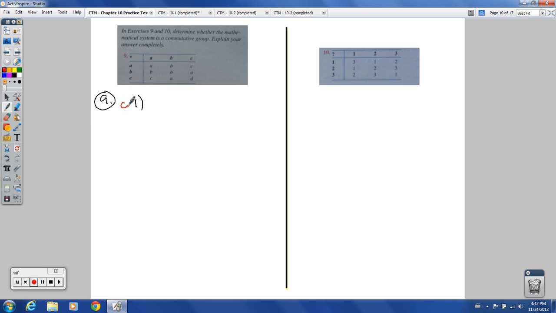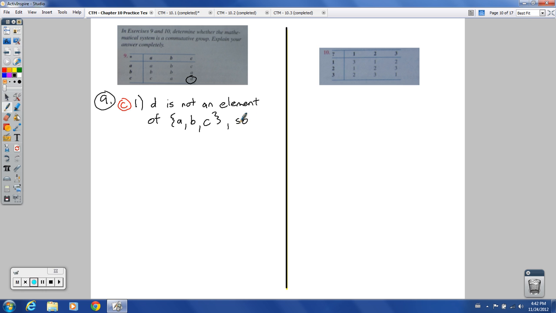So first checking for closure. Is everything in here an element that's here? Usually this one's pretty straightforward. We look at it and say, oh, yep, everything here is there. But this one, whoa, they tried to trick you. Here's D. Does D show up in the column or row? No, it doesn't. So D is not an element of the set containing A, B, and C, which is what we started with.